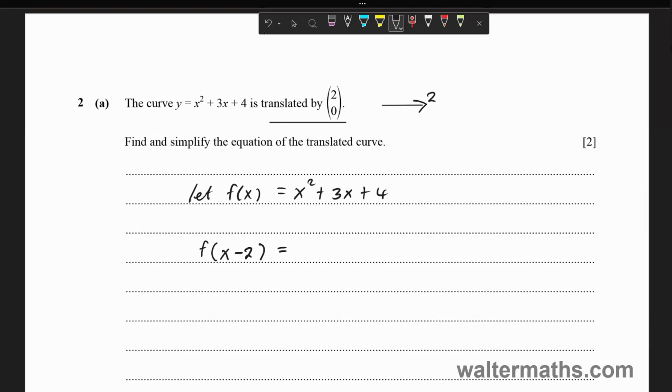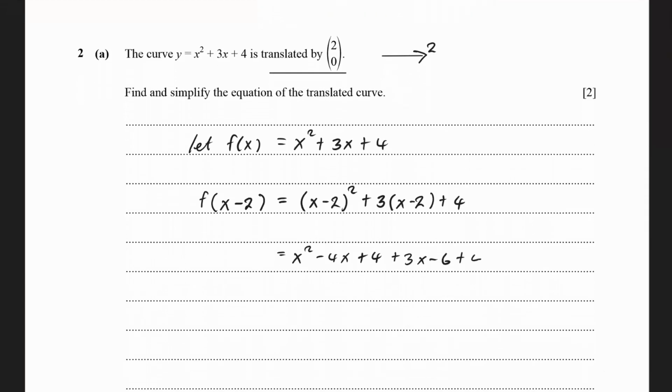It's f of x minus 2, which will be x minus 2 squared plus 3 of x minus 2, plus 4. This gives us x squared minus 4x plus 4, plus 3x minus 6, expanding the brackets, and plus 4.